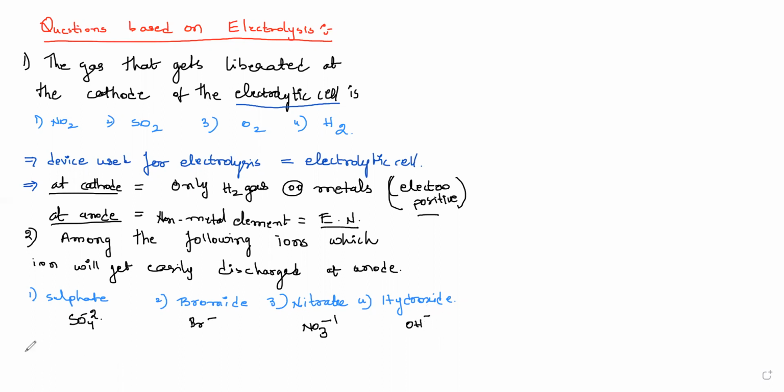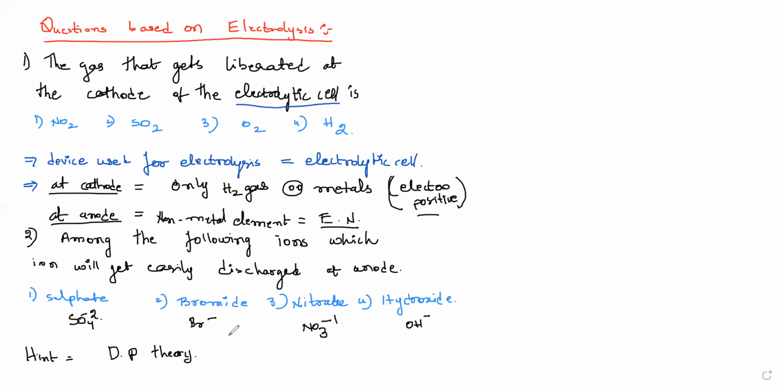The hint of this question is that according to discharge potential theory, the ion which has the lowest discharge potential is the one that discharges at the anode.